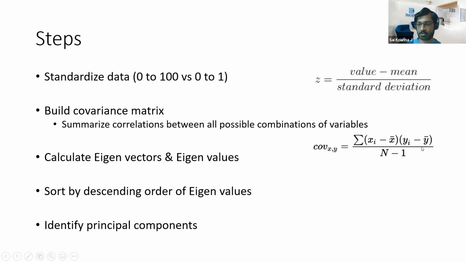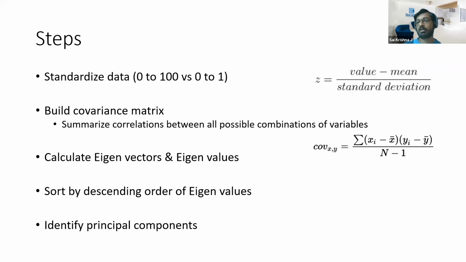Y bar is the average of the entire set of y. N is the total number of observations in your data set. So this is the formula for covariance between x and y. Like this, the algorithm will build this covariance matrix for all possible combinations of all variables that you have.